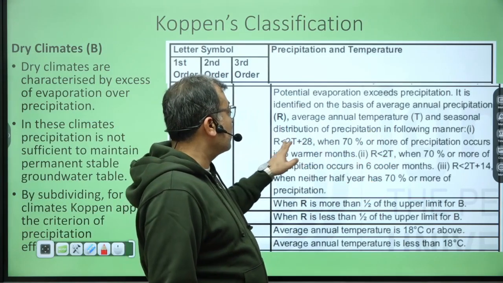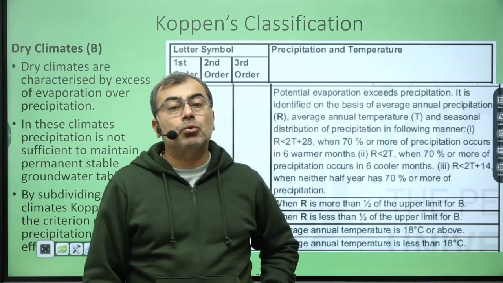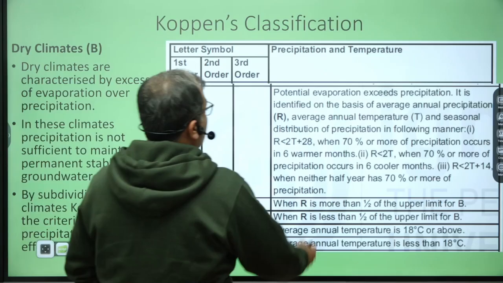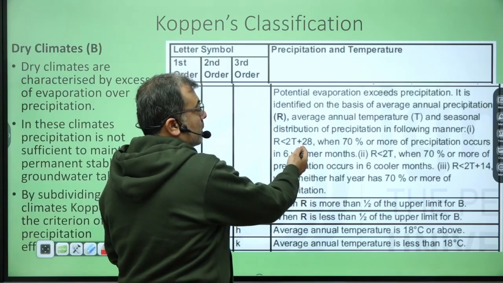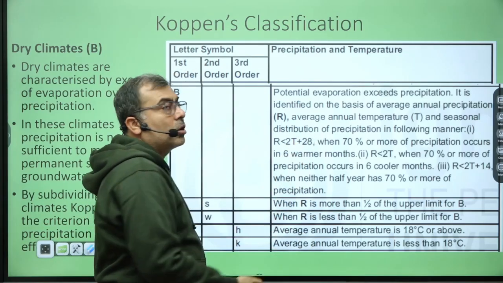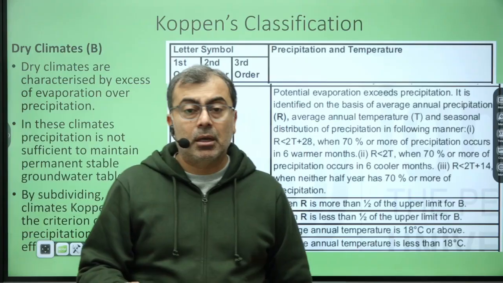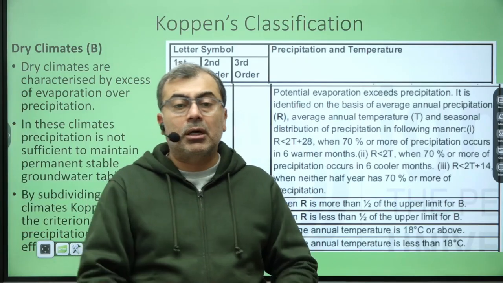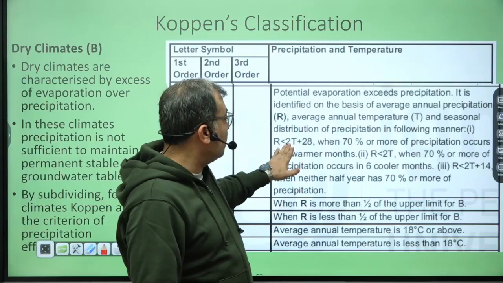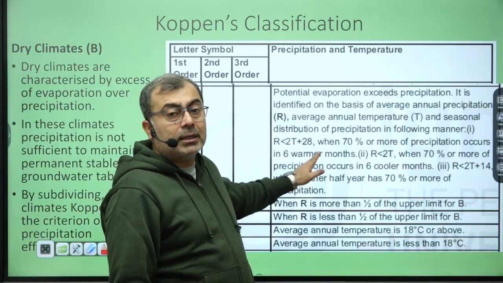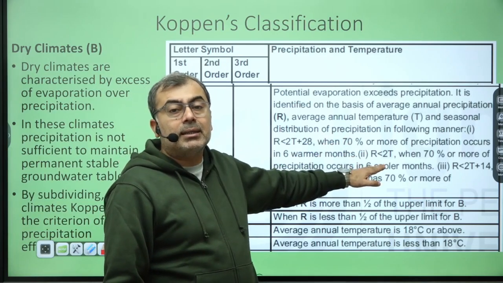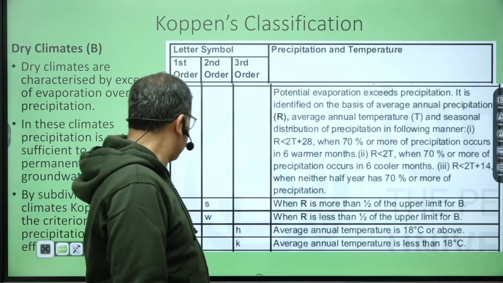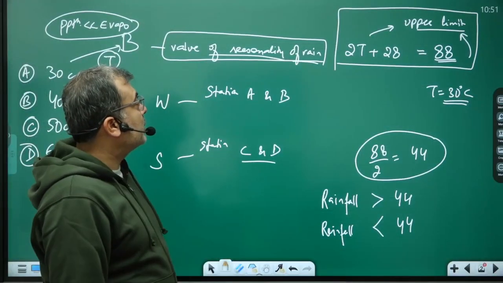Here he did not make it 2t plus 28. Why? Because in summer regions there is more demand, so you will lose water also. So there he kept 2t plus 28. But if you are getting rain in the winter region, then he said I am removing that extra 28. Then it is only 2t. Is everyone okay?